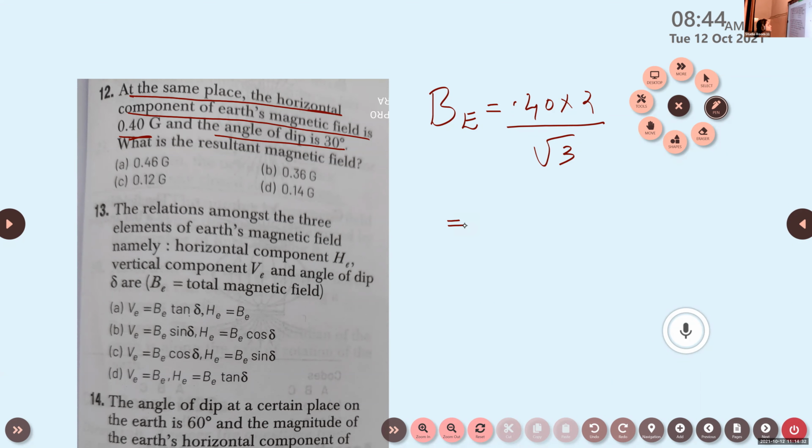Here our options are 0.46 Gauss, 0.12 Gauss, 0.36 Gauss, and 0.14 Gauss. The answer is 0.46 Gauss, so option A is the right answer.